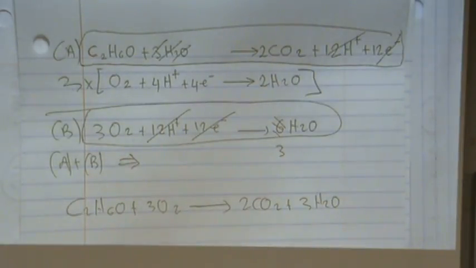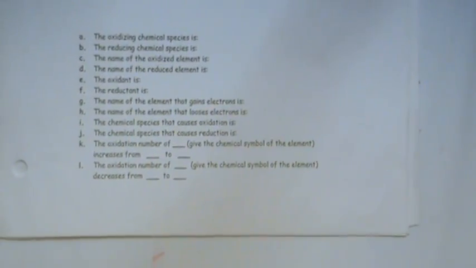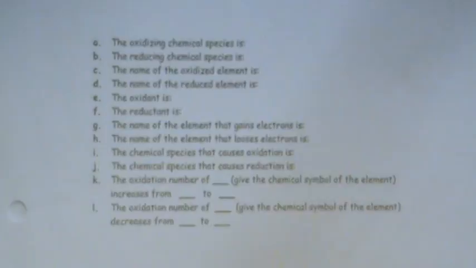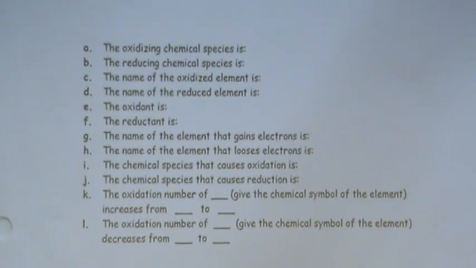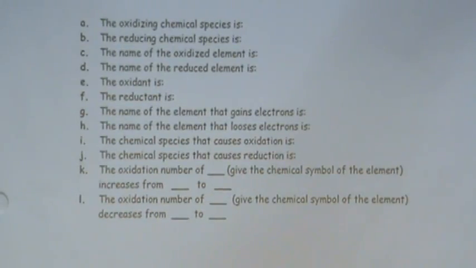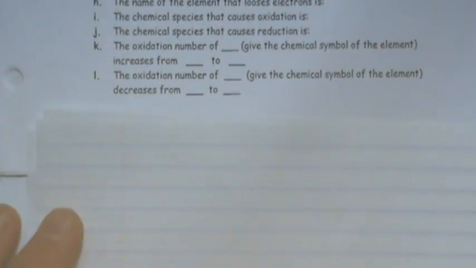So in order to answer all these questions that you see here, there's no way to avoid now doing what? Find the oxidation numbers. To find the oxidation numbers to be able to answer these questions. Okay, so let's write down the oxidation numbers so that way you can do it.